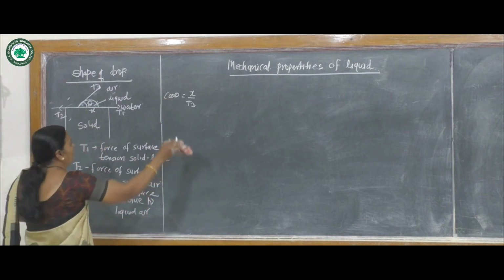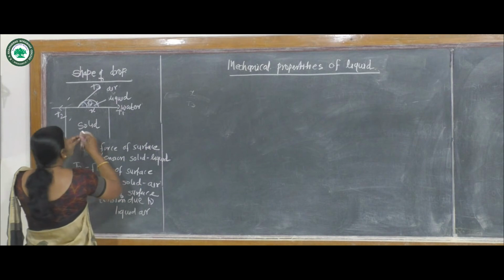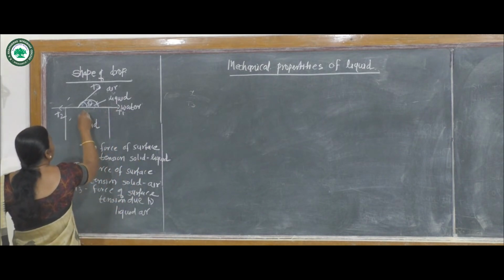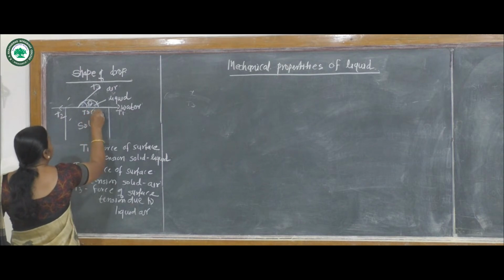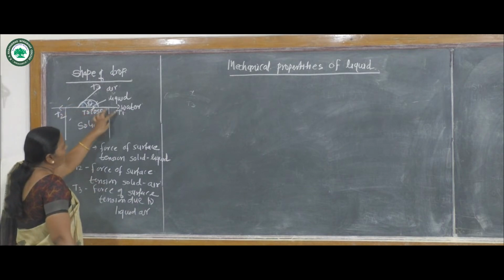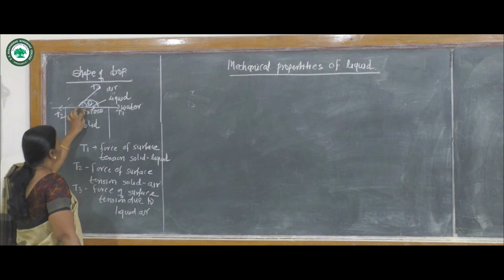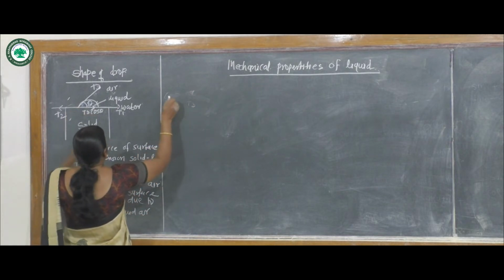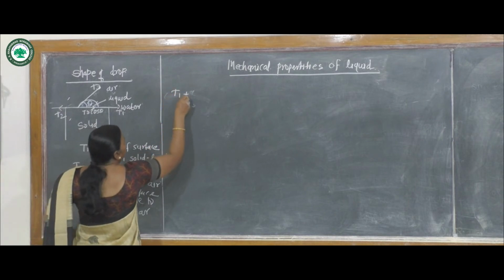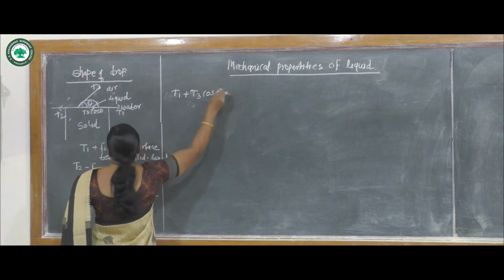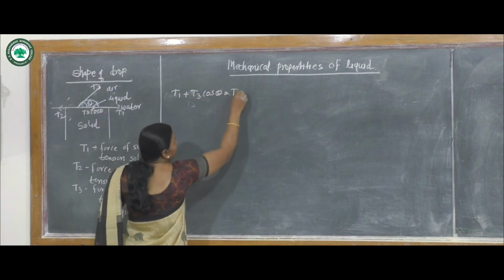Then we can see this side is nothing but T3 cos theta. These two vectors are along the same line, therefore for equilibrium, for the stable position, we can write T1 plus T3 cos theta is equal to T2.